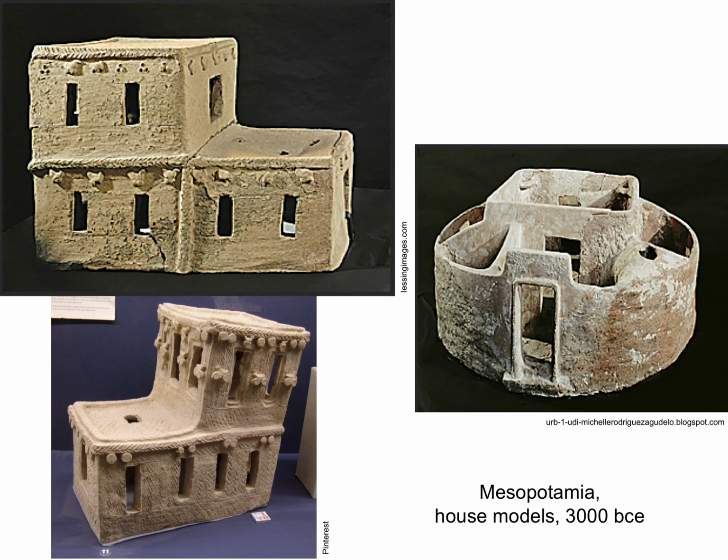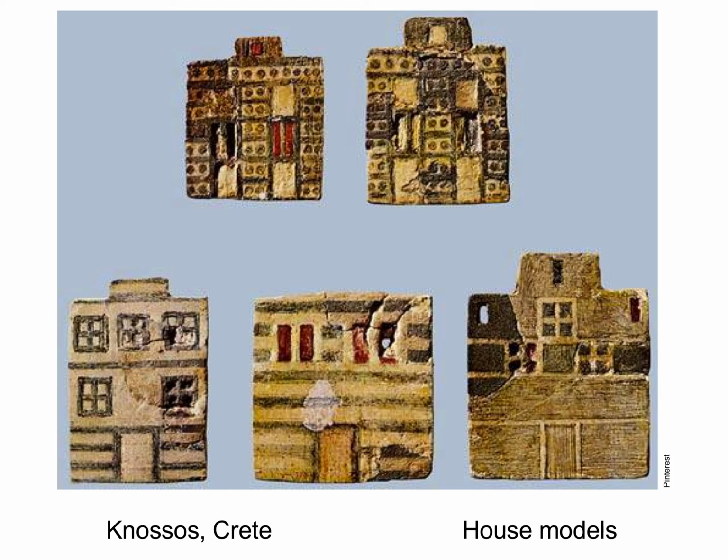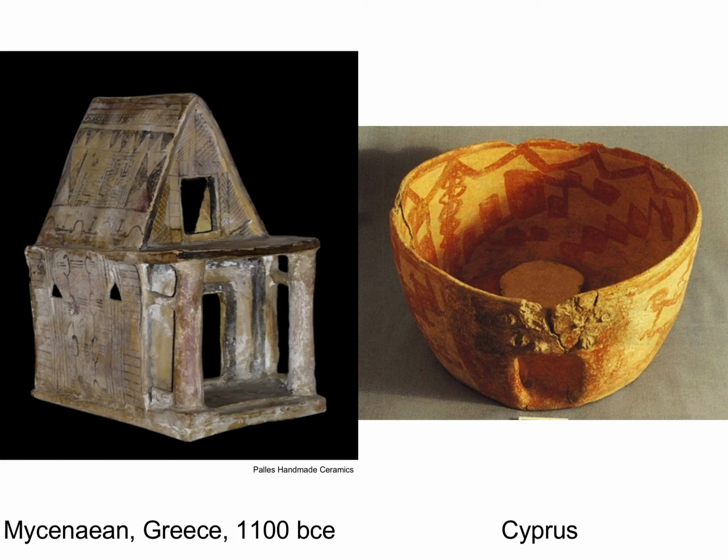And the actual buildings don't exist anymore. We don't have any examples of them. But from those small ceramic models, those from Knossos in Crete, we understand Cretan Minoan architecture that we wouldn't have any example of otherwise.